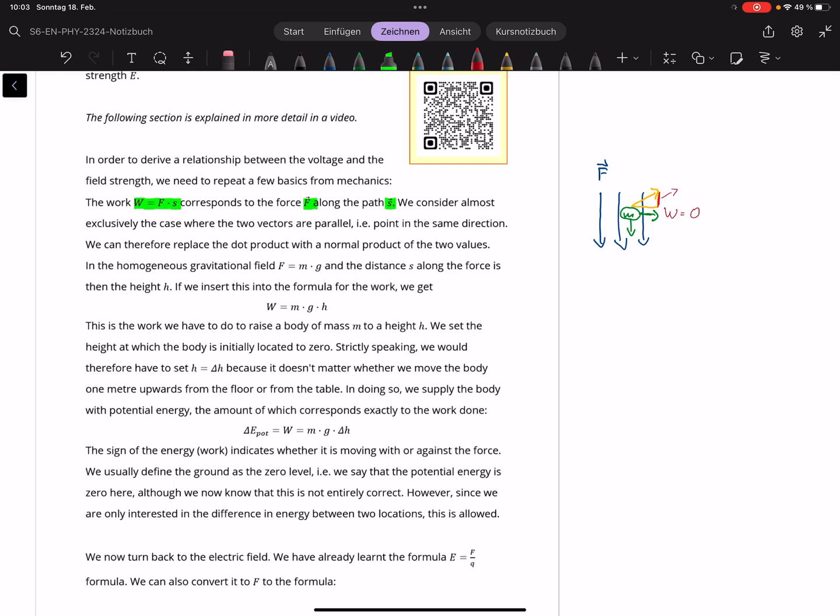Okay, so as I said before, normally we can, as indicated here, just use the normal product because the force and the distance point in the same direction or opposite direction. We also know that in a gravitational field, the force is mass times acceleration.